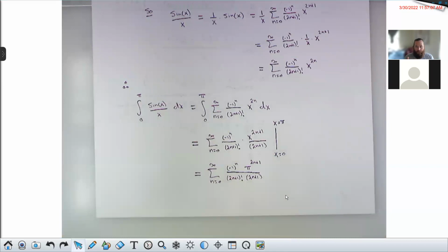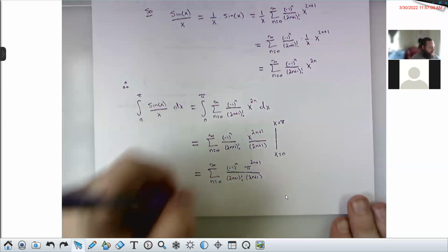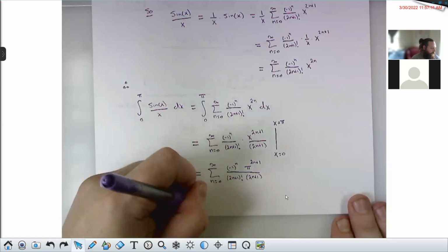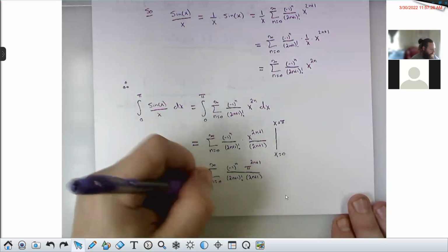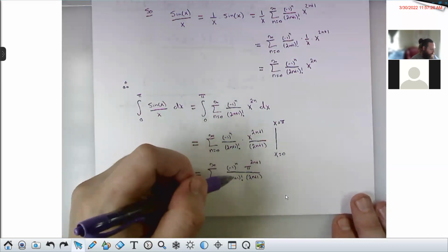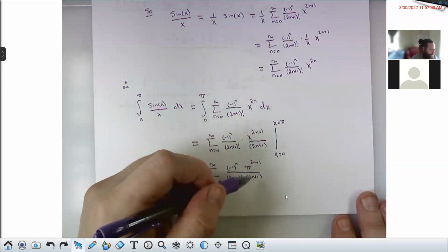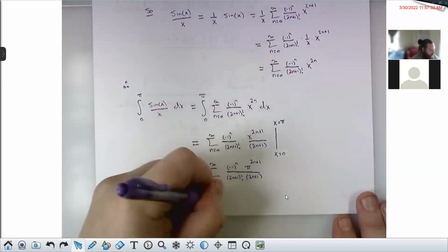If you want to approximate that number, you look at a partial sum for this series. So I could ask you to use the estimation theorem for alternating series to approximate this to some level of accuracy, like 2 decimal places, or with an error smaller than 0.001 or something like that. It would come from a partial sum at n equals 0. This is 1 over 1 factorial times 1 with pi to the 1 upstairs. So that's just pi.